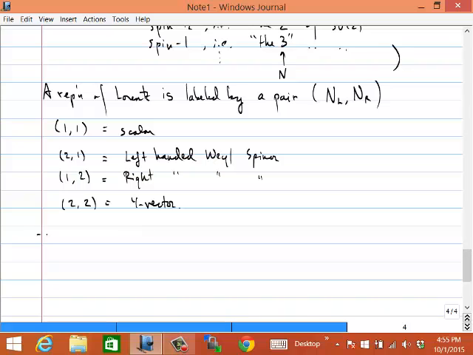And it turns out that the spinors that we'll be studying primarily in this class, which are known as the Dirac spinors, are given by a pair of Weyl spinors.